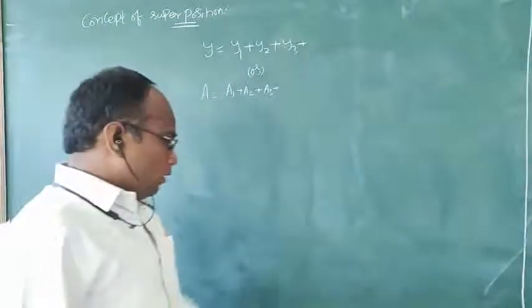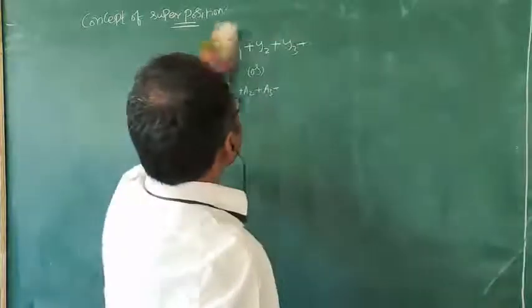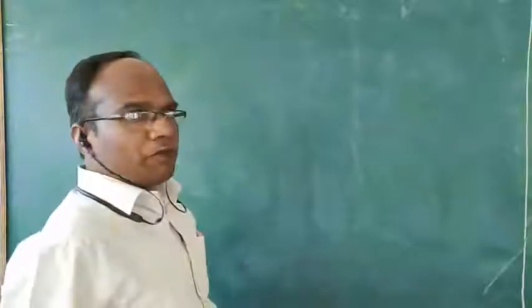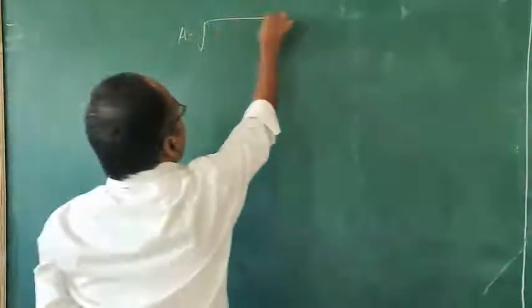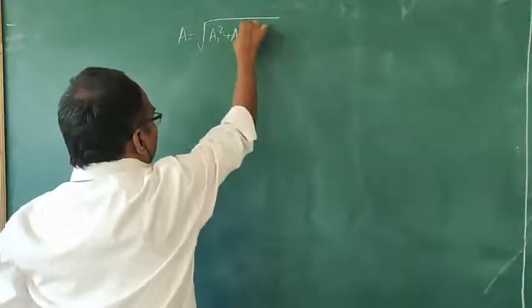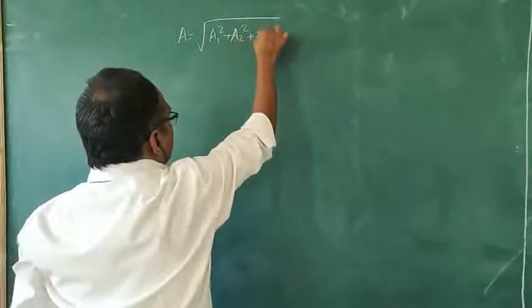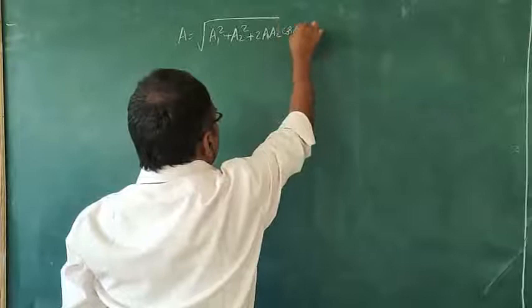Okay. Now, what is the equation given for the superposition of waves? A is equal to root of A1 square plus A2 square plus 2A1A2 cos theta.